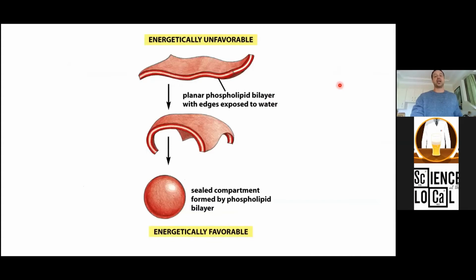And it's more energetically favorable for lipid bilayers. So up the top here, we have what's called a planar lipid bilayer, a kind of flat lipid bilayer. But if you put it in water, it's more energetically favorable for it to form into a liposome, into one complete cellular liposome.